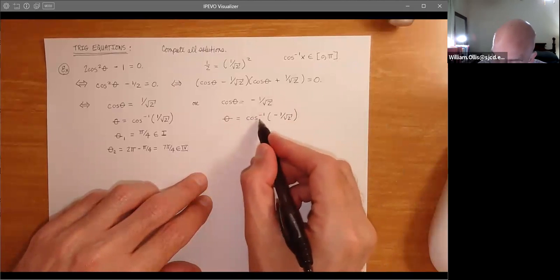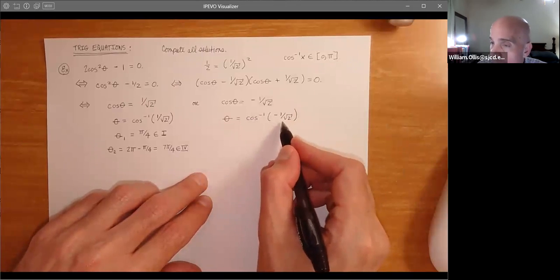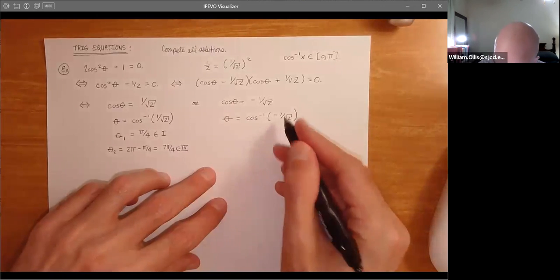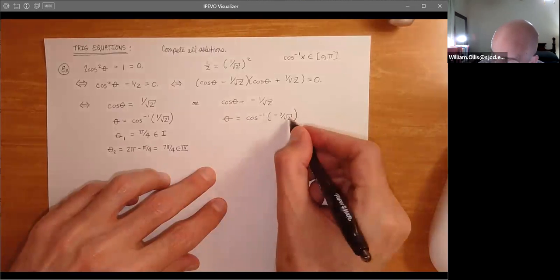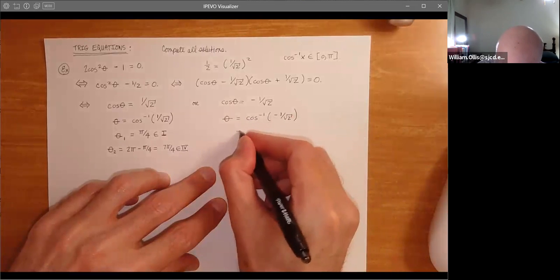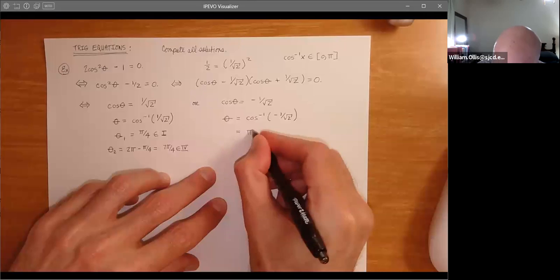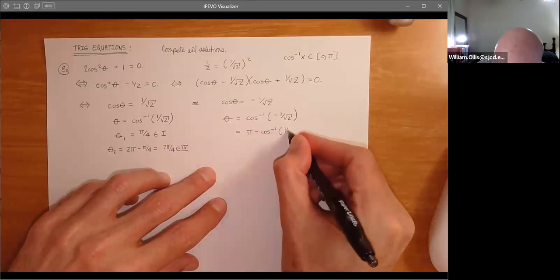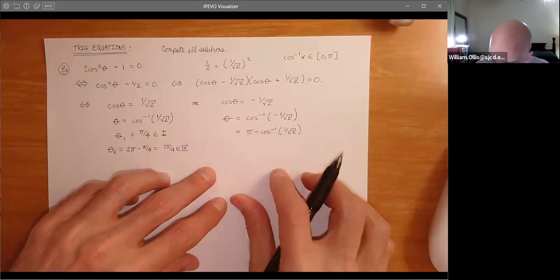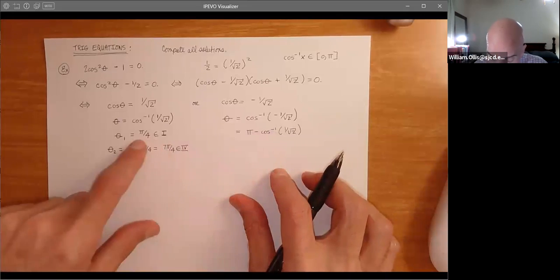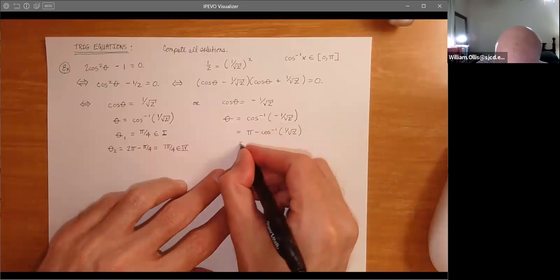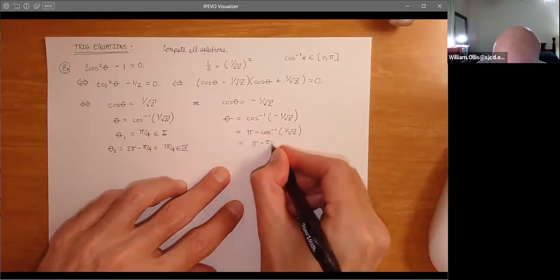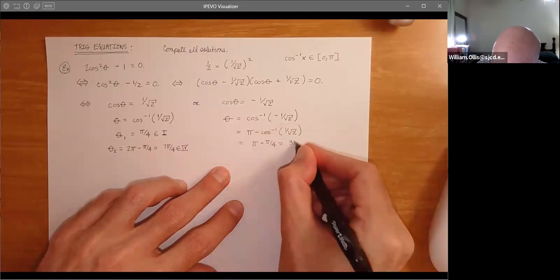The inverse cosine of the negative angle is pi minus the inverse cosine of the angle without the negative. So you can either use the unit circle directly, or you can just say this is pi minus the inverse cosine of 1 over root 2. But we know what that is. That's just pi over 4. So this will give us pi minus pi over 4, which is 3 pi over 4.